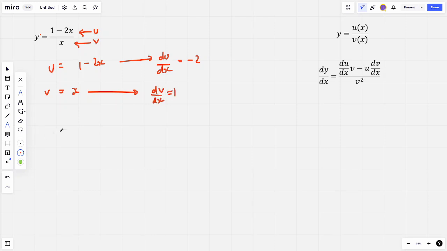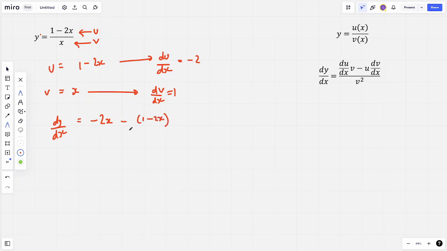Again, we cross multiply, so dy over dx is equal to minus 2 multiplied by x, which is minus 2x, and then we do a minus. We cross multiply across again, so that's 1 minus 2x multiplied by 1, which is just 1 minus 2x in brackets.